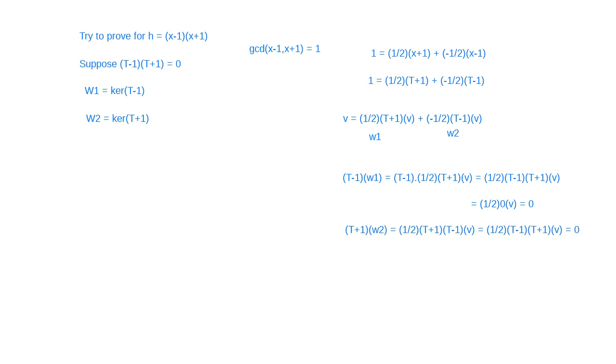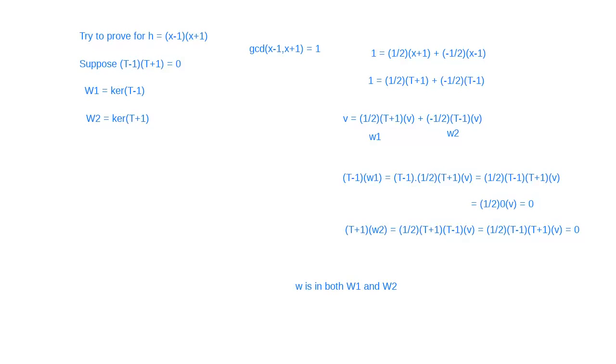And how do we know it's unique? Well, if w is in both W1 and W2, then you use this decomposition again and write w equals a half t plus 1 of w plus negative a half t minus 1 of w.